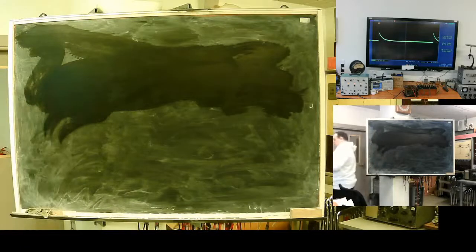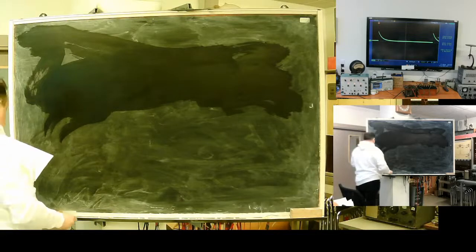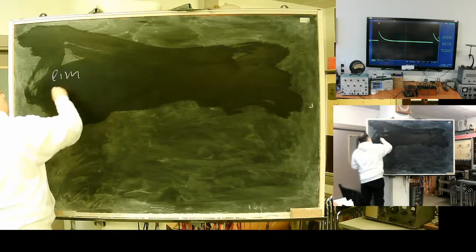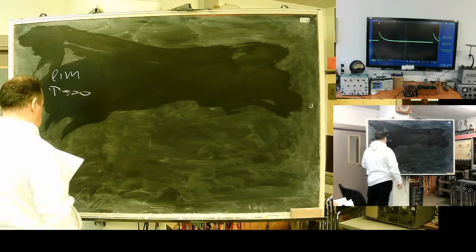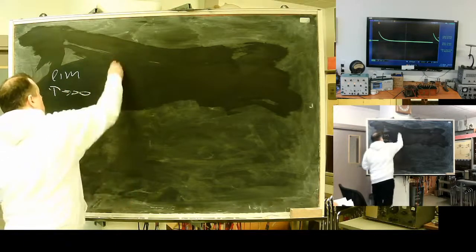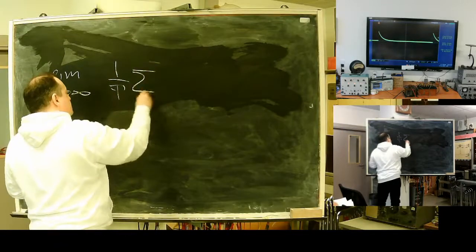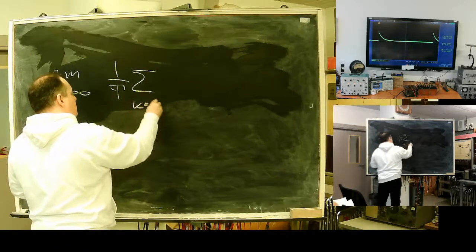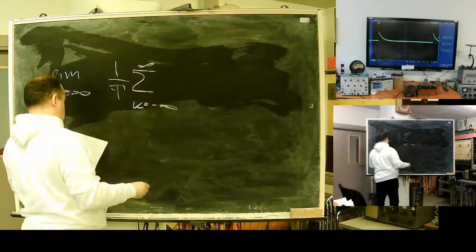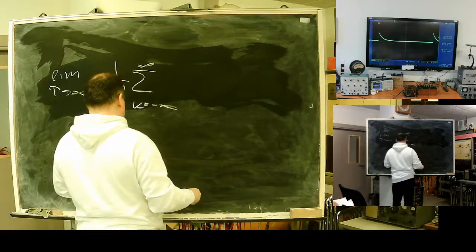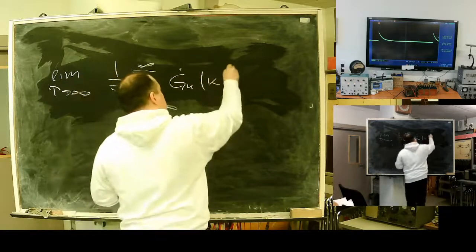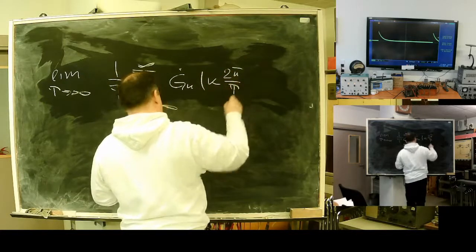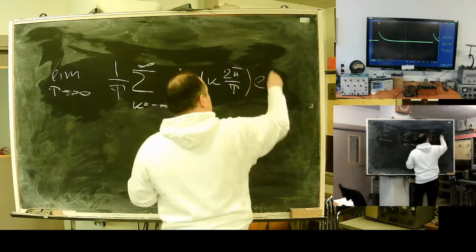Now, let's try to understand what will happen if we move to infinity. Against sum minus infinity to infinity, spectral function taken at values at power.